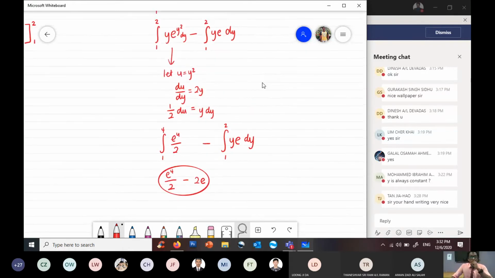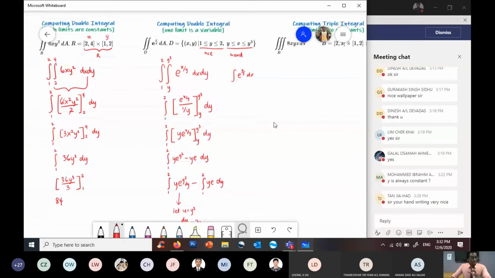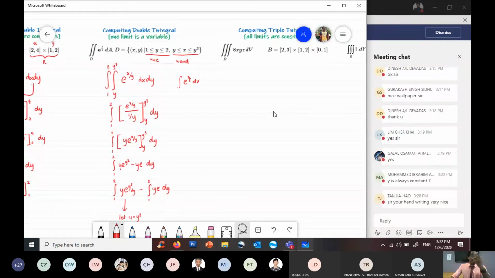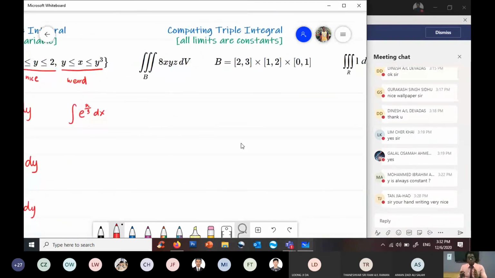Okay, so that was double integral, right? You know what's the nice part about triple integral? There's no difference. It's the same thing as doing a double integral. It's only that now you have dx, dy, dz. So now you may ask, I know that I have 3 integrals, I know there's an 8xyz here, but am I going to choose dx, dy, dz?